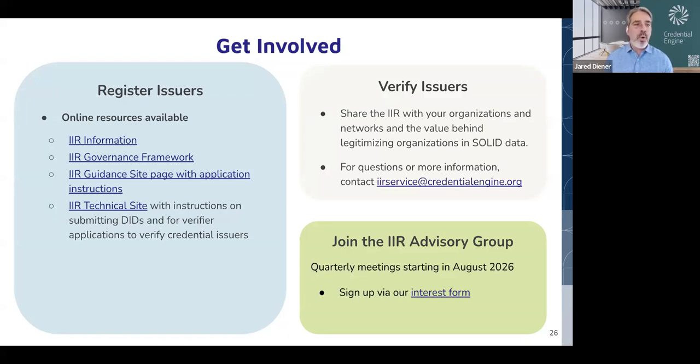This group would meet quarterly as we discuss the ongoing development of the IIR. So please do consider becoming part of this group and getting involved more and giving us your insights and expertise. We would really, really appreciate that. Yeah, thanks, Jared. Good call for explicitly noting that. Everything we do at Credential Engine is open and transparent, and that is precisely the purpose of this advisory group.